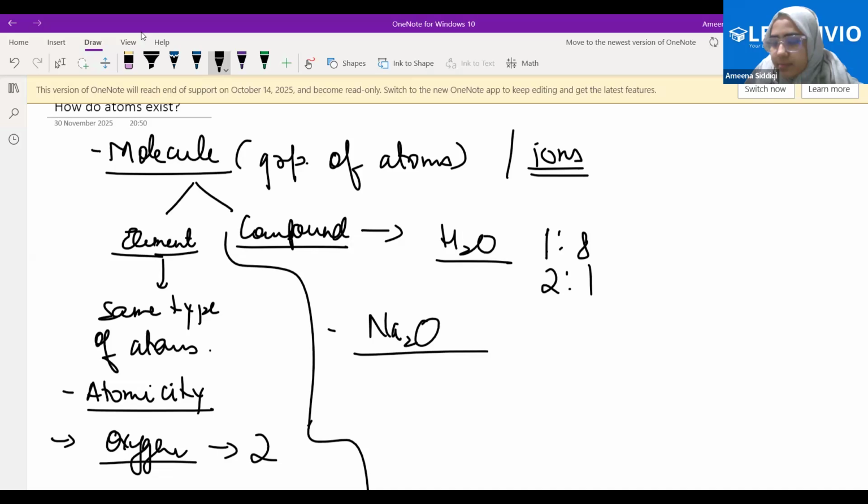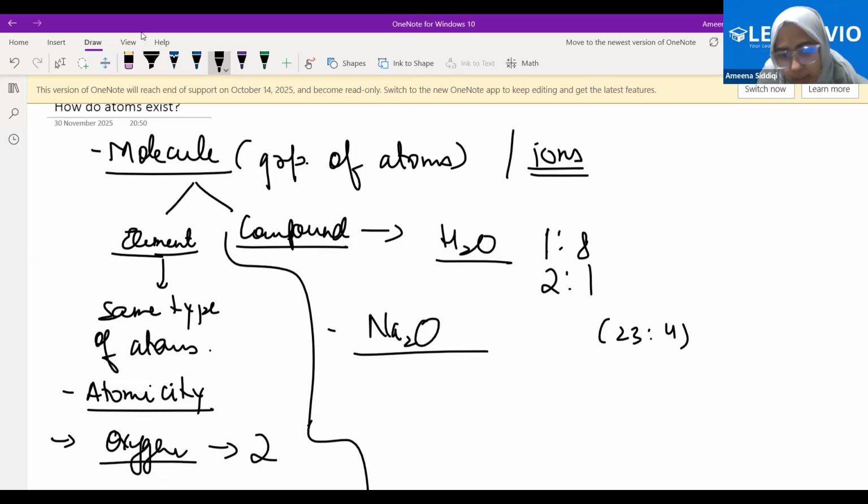23:4. I'll see, others are also doing it. How many elements can we see here in this compound? 2, sodium and oxygen.